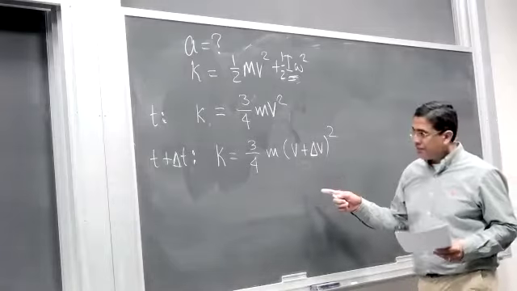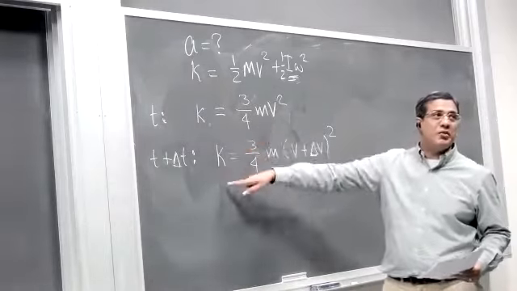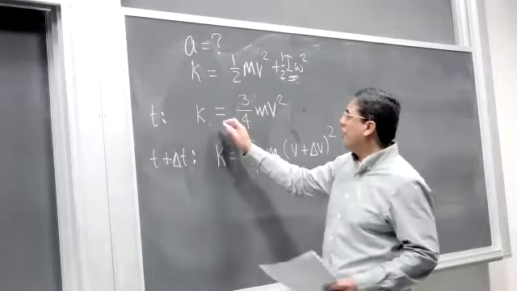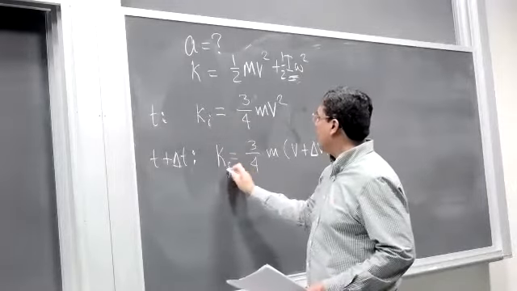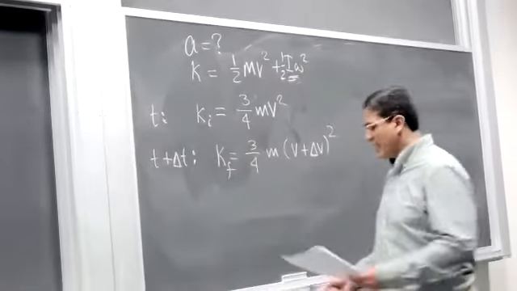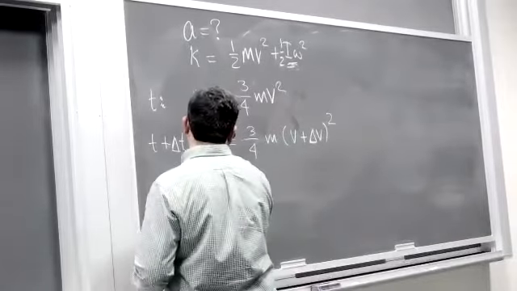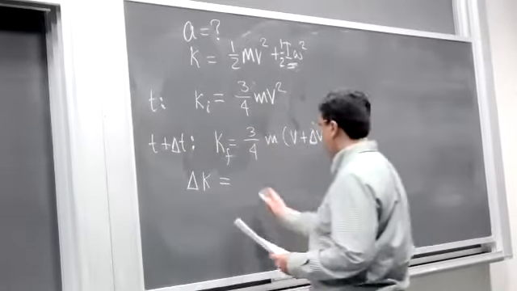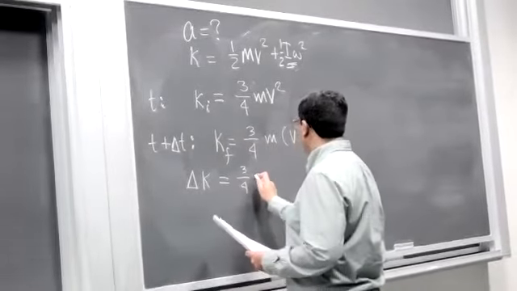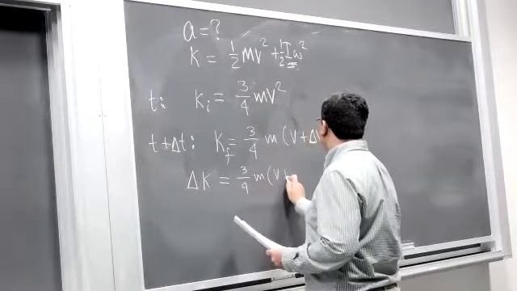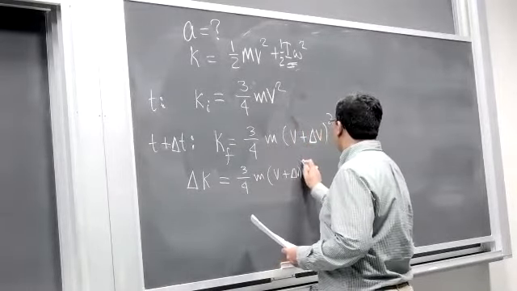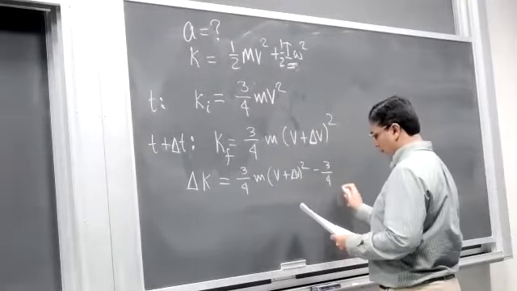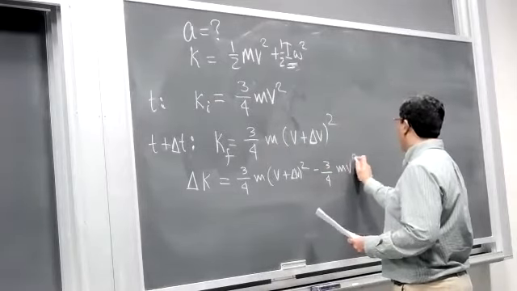Okay. Now, what is the change in kinetic energy between these two instances? Let's call it K initial and K final. Subtract these two and find the change in kinetic energy. Delta K, and that would be 3/4 m (v plus delta v) squared minus 3/4 mv squared, right?